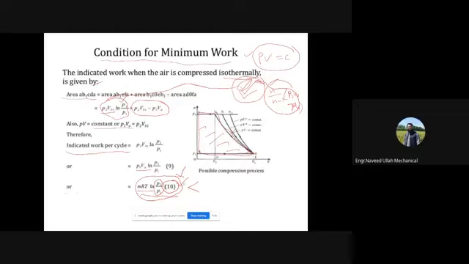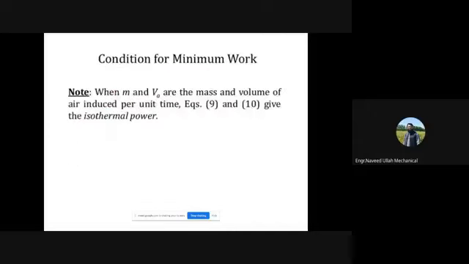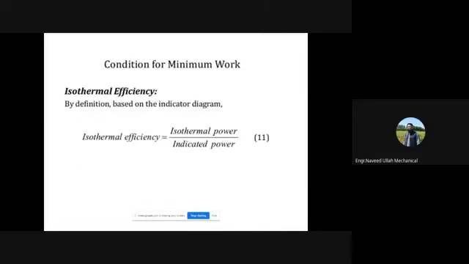So if the process is isothermal, this is the relevant formula to find the indicated work per cycle, and the one that we discussed earlier is for the polytropic process, right?